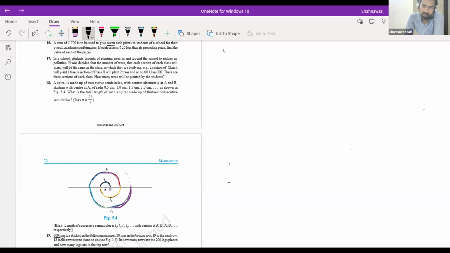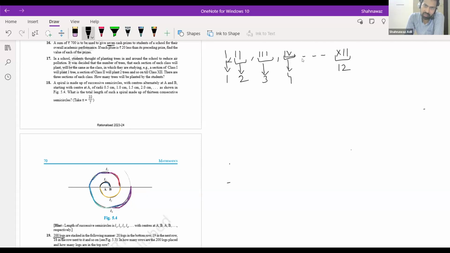Class 2 would plant 2 trees, class 3 will plant 3, right? And class 4 will plant 4 trees, and so on. So class 12 will plant 12 trees, right?